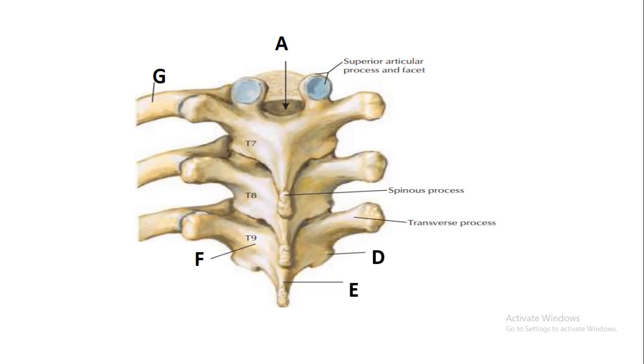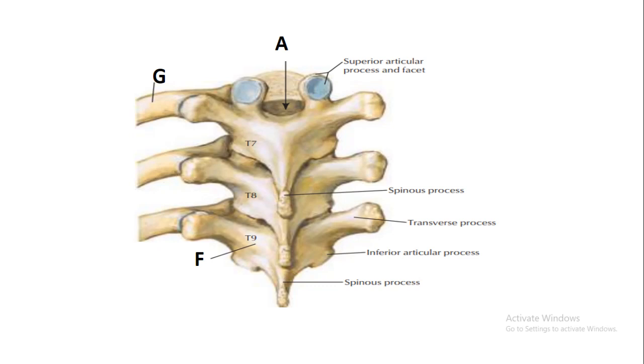Remember, on B, we identified the spinous process of T7. And then we went as far as the transverse process of T9. Then we have the inferior articular process. Then we have the spinous process of T9.